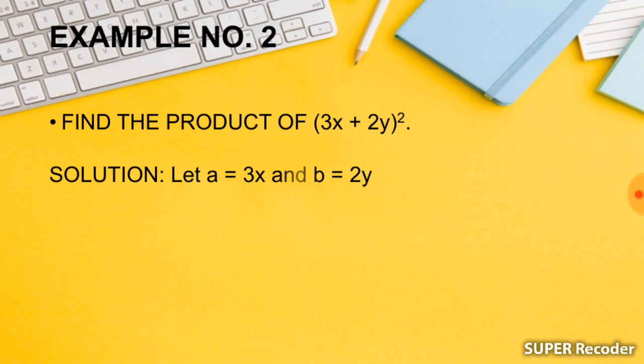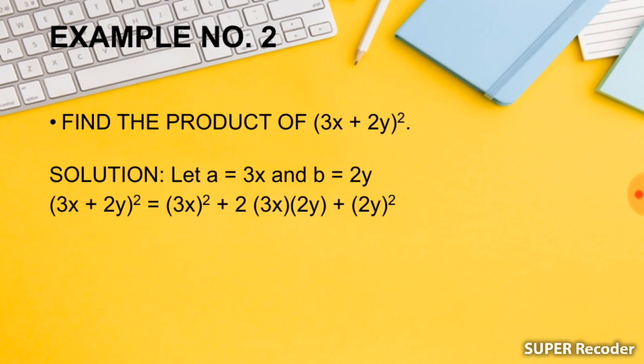For our solution, let a equal 3x and b equal 2y. If you apply the formula, (3x plus 2y) squared is equal to the square of the first term, 3x squared, plus twice the product of the first two terms, 2 times 3x times 2y, plus the square of the last term.